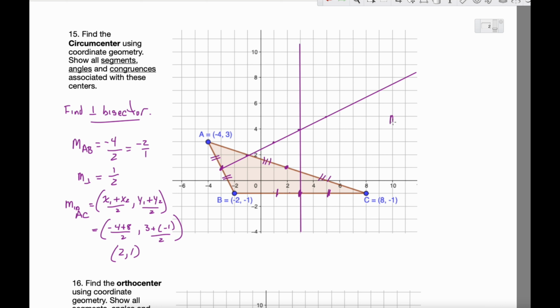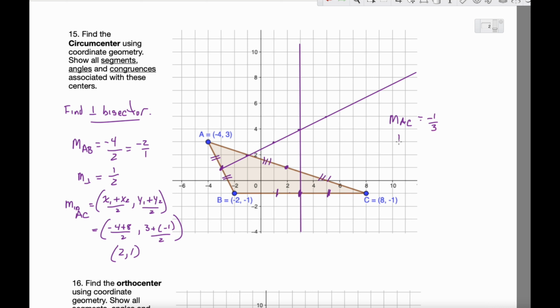Okay, what is the slope from A to C? Well, it looks like we're going down 1 over 3, doesn't it? Down 1 over 3, down 1 over 3.